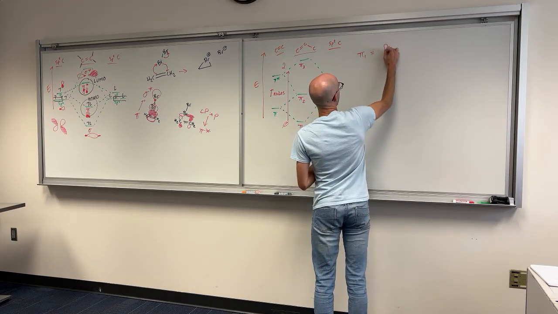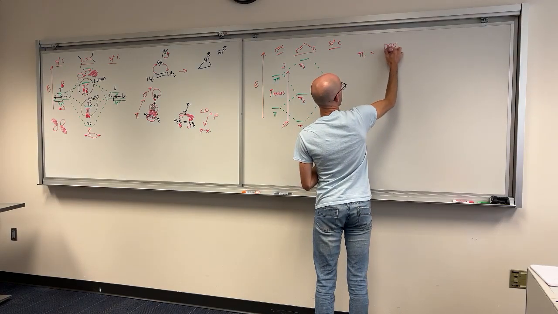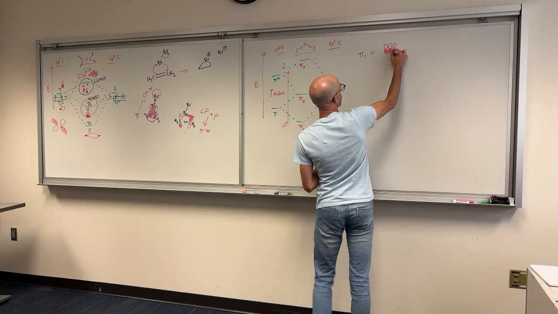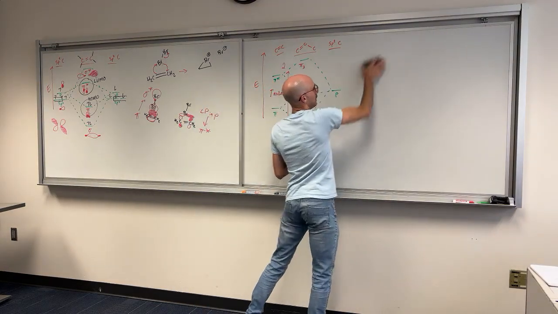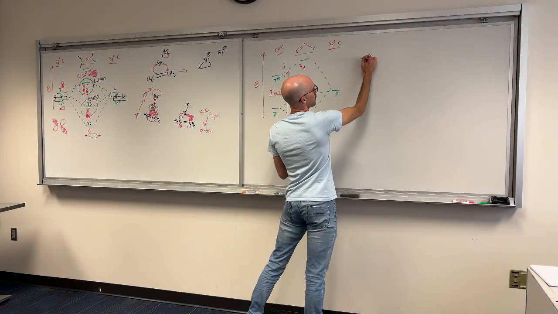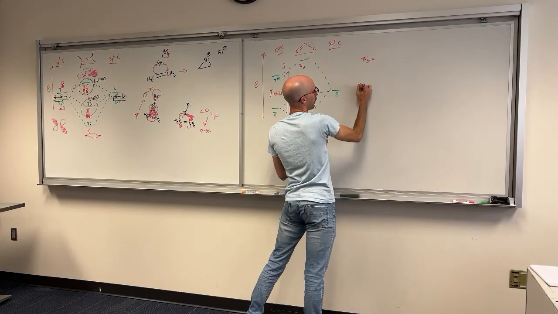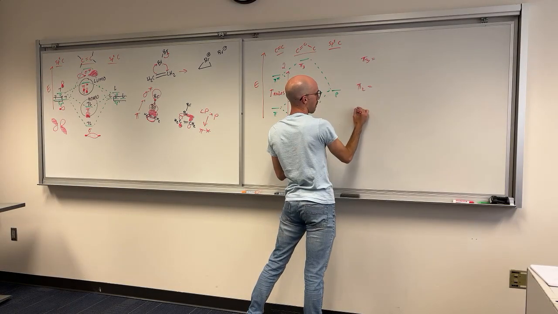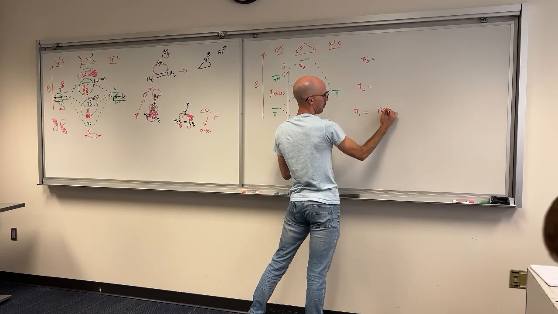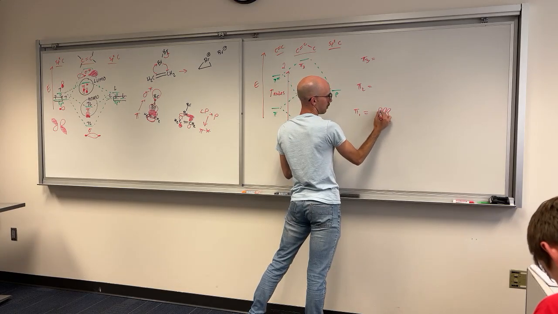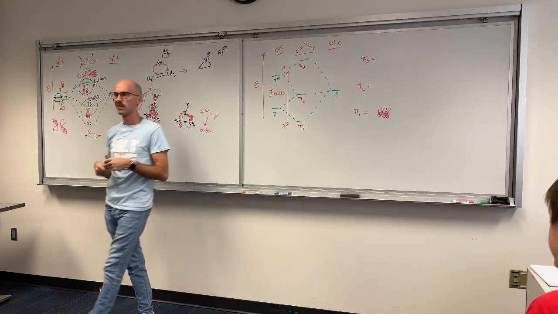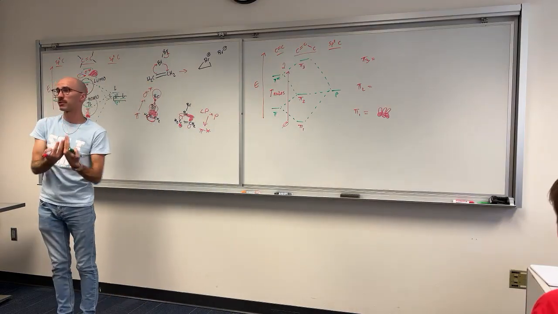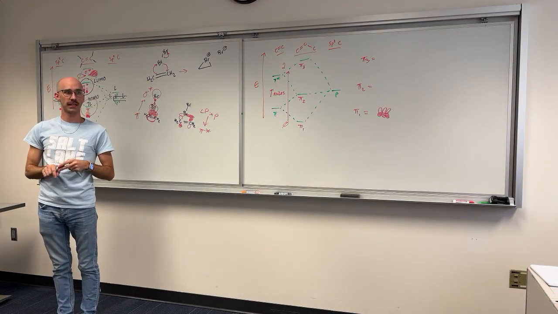So pi 1, just take 3 p orbitals and draw them next to each other in phase. Do you know what? I'm sorry. I'll organize these by energy as well. So we'll put pi 3 at the top. To show pi 1, we draw 3 p orbitals next to each other, all in phase, lowest energy orbital.